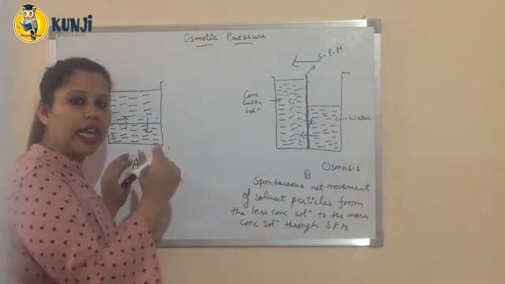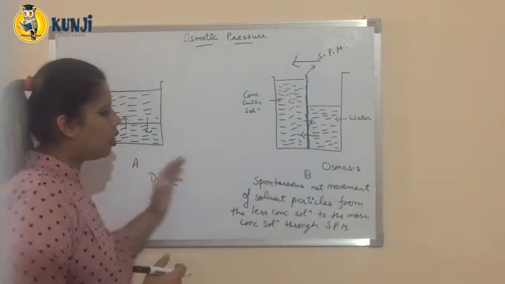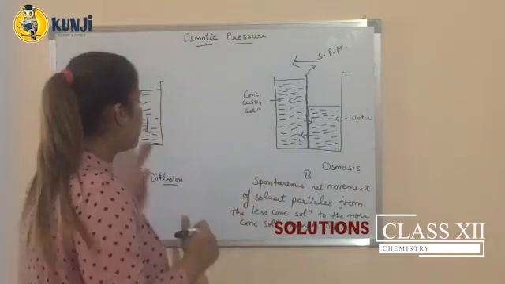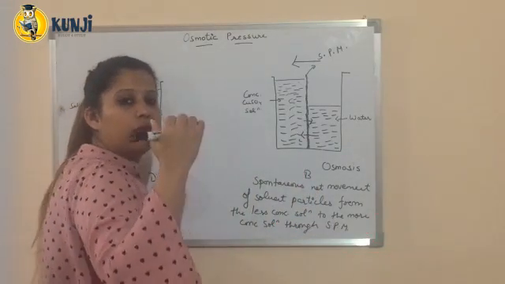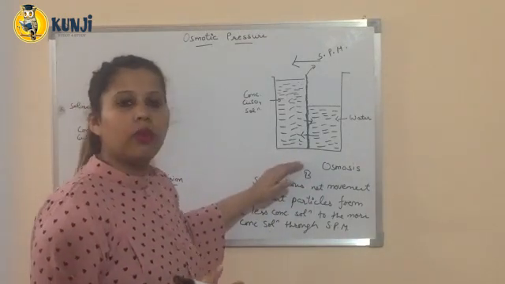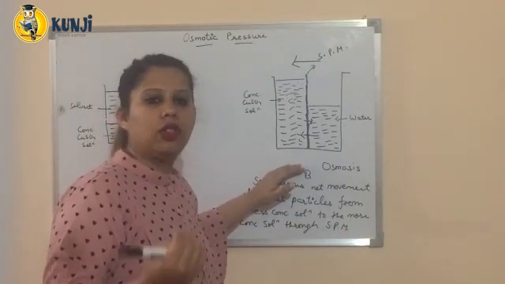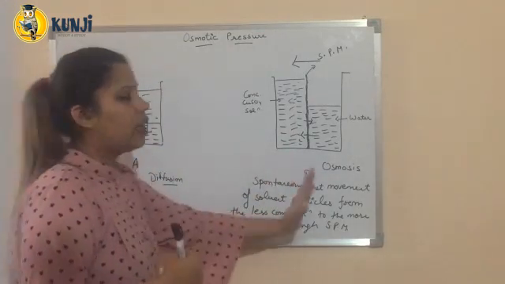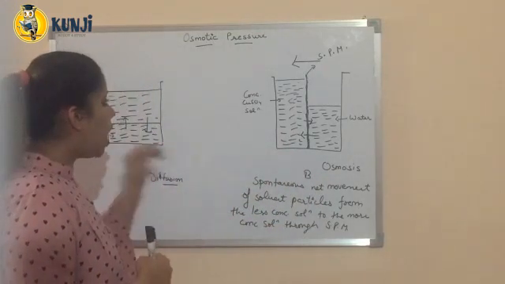In diffusion we do not need any semi-permeable membrane; in osmosis there is a need of a semi-permeable membrane. In diffusion, particles move from more concentration to less concentration; in osmosis, from less concentration to more concentration. So this is the difference between diffusion and osmosis.